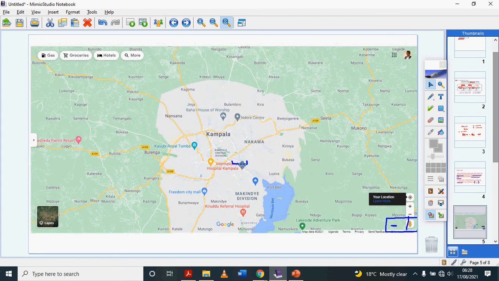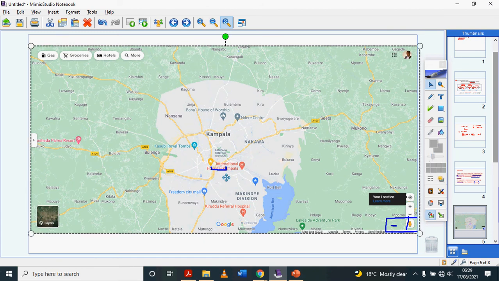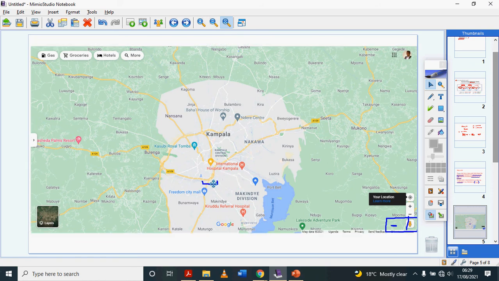For example, I'm taking it to IHK International Hospital, Kampala. That's telling me that there is 2 kilometers between that and I don't know what's near it. But that's basically what it's saying, that the distance between, for example, these two roads, that's about 2 kilometers.